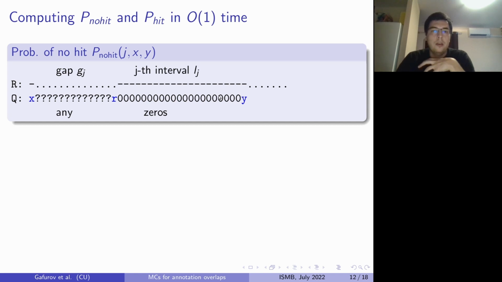So any path which will be generated, any sequence of states, can have anything in the gap between the intervals. But as we don't want to hit that interval, there should be only zeros.